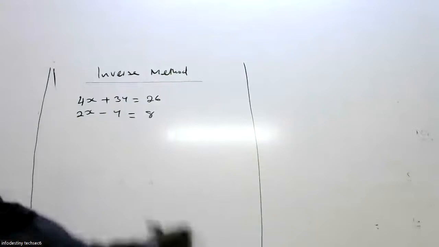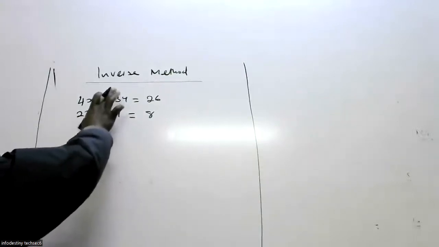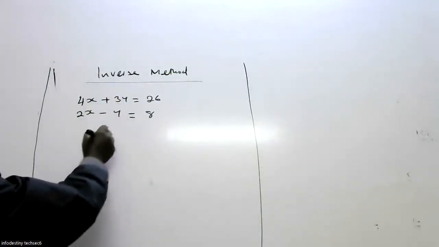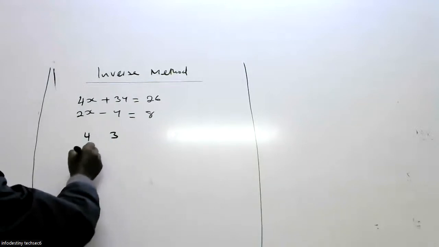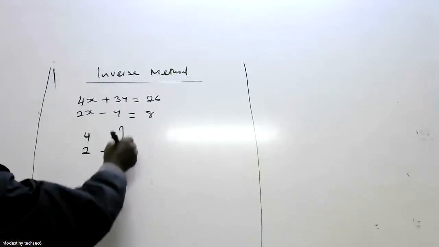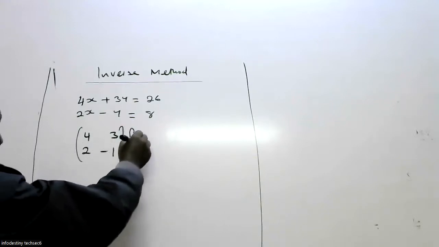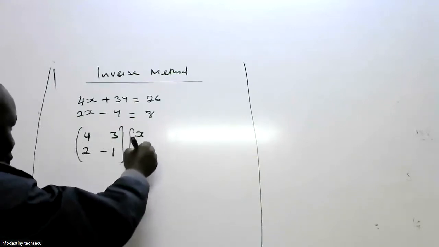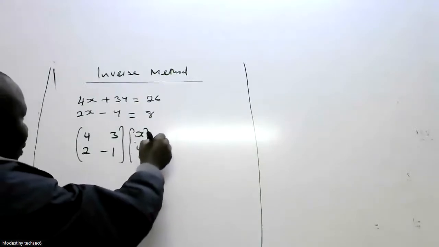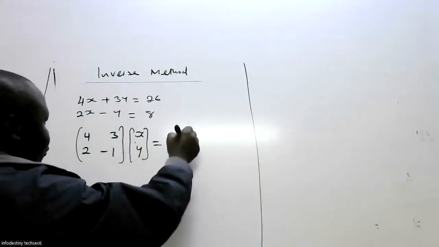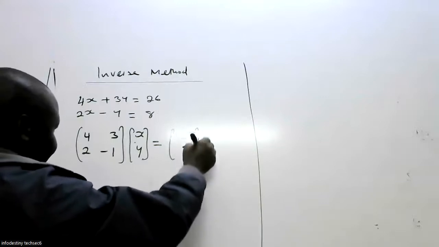So the first thing, we are going to convert this into matrix form, whereby we are going to have 4, 3, 2, negative 1. Then you enclose with a bracket. Then you open another bracket, x, y. You enclose again, equals 26, 8.